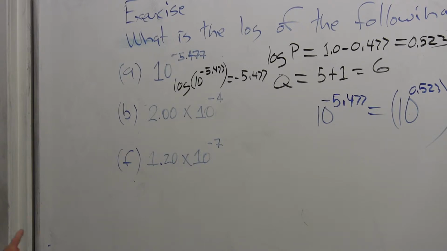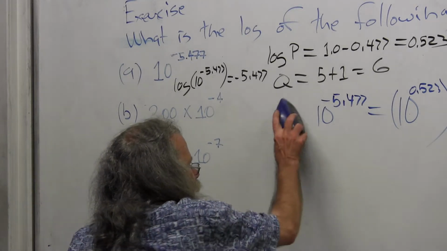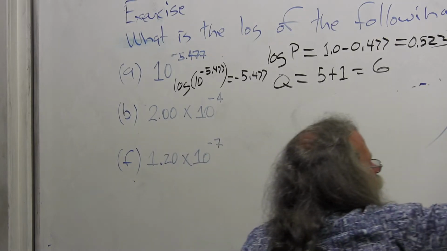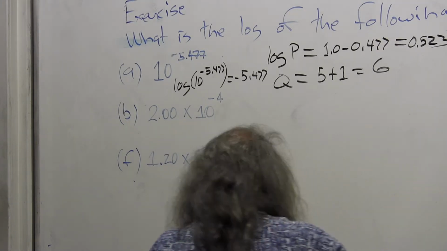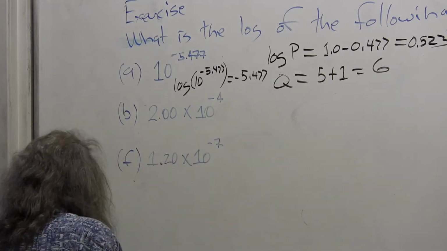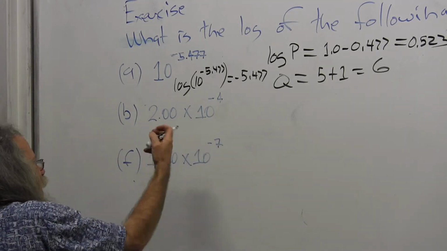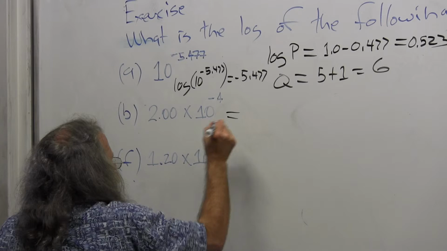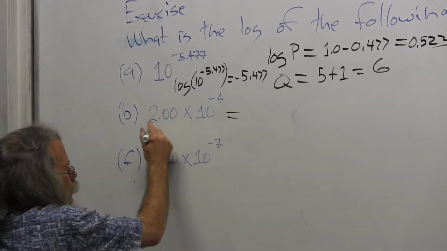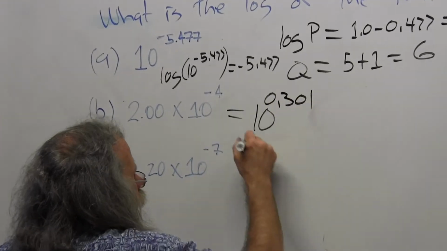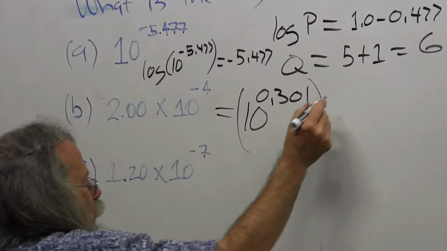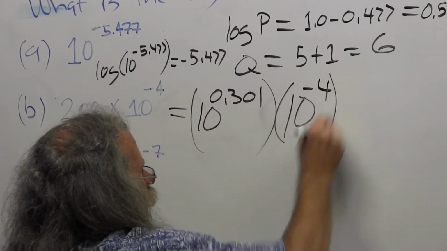Now we can get to the other problems. And I'm going to erase this. Or should I erase that? Yeah, I'm going to erase that, and we'll do this one. Now, this is actually much easier, going this way. Okay. 2 is equal to what? 10 to the 0.301. 10 to the minus 4 is 10 to the minus 4.